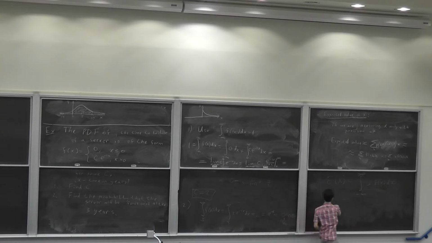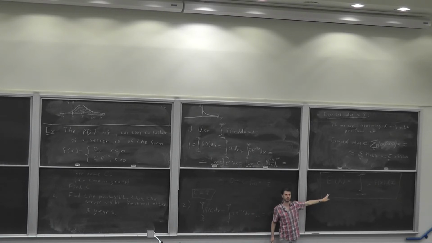This thing is the definition which you should either understand or remember. Basically it's a summation, which is this integral. Integral is basically a fancy word for infinite sum. So it's the sum of the outcome multiplied with probability, which is basically the density function. So that's the expected value.